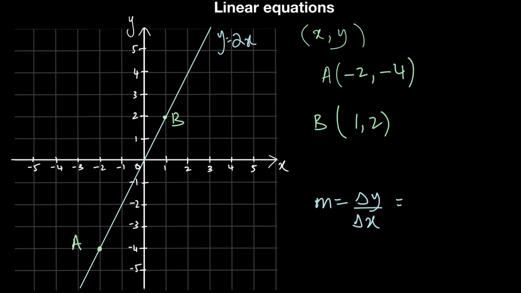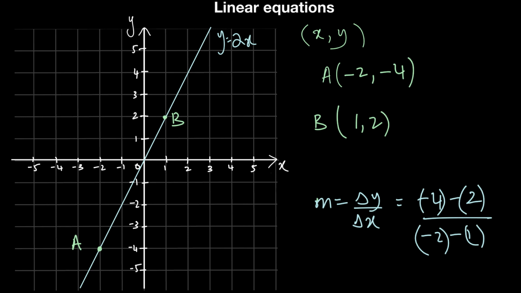we take the difference between the end point and the starting point. So we end at -4 for y, but we start at +2. So the change in y is -4 minus 2, whereas the change in x is -2 minus 1.